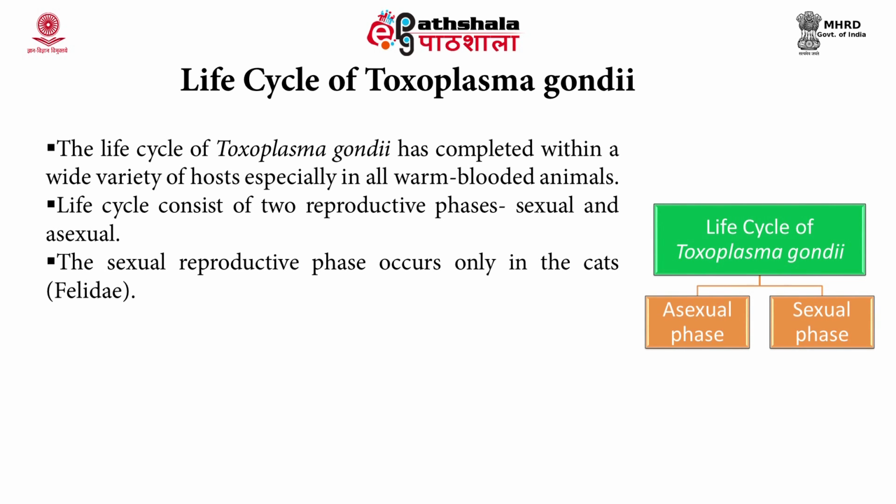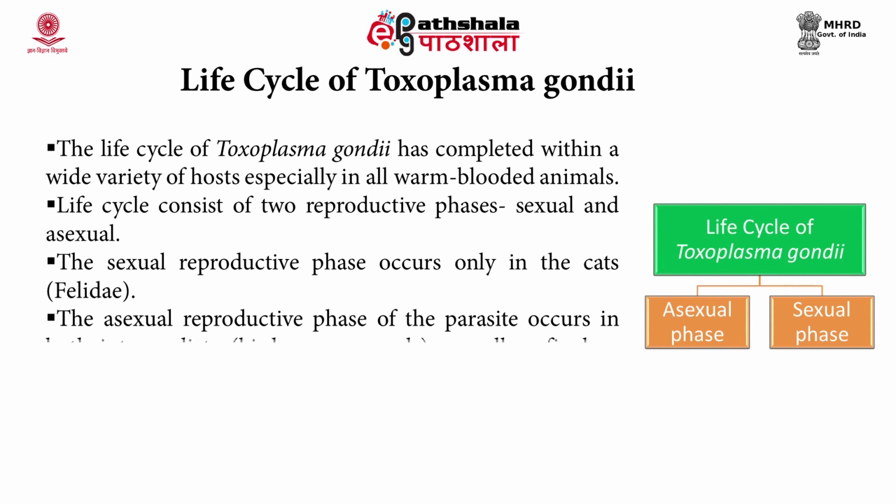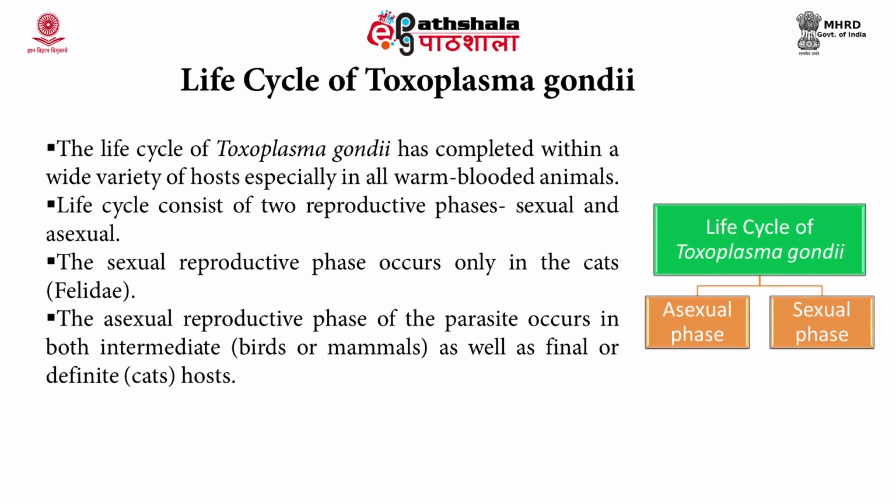The sexual reproductive phase occurs only in cats or members of the feline family, and the asexual reproductive phase of the parasite occurs in both intermediate hosts like birds or mammals as well as final or definitive hosts like cats.